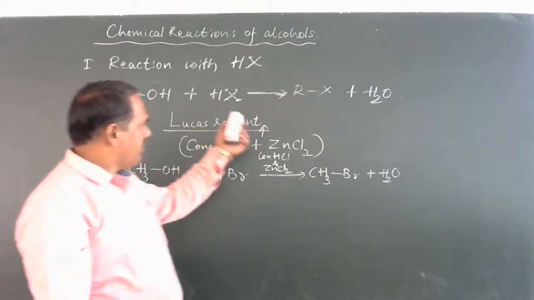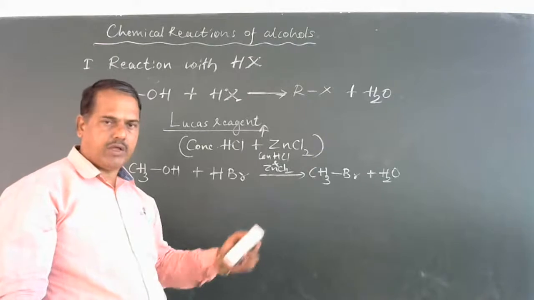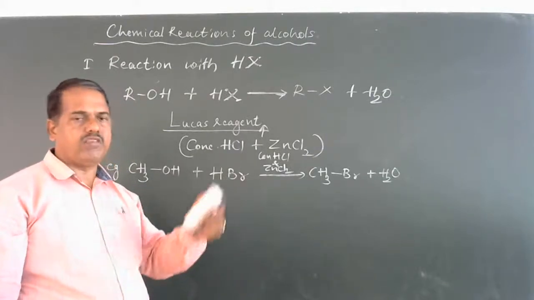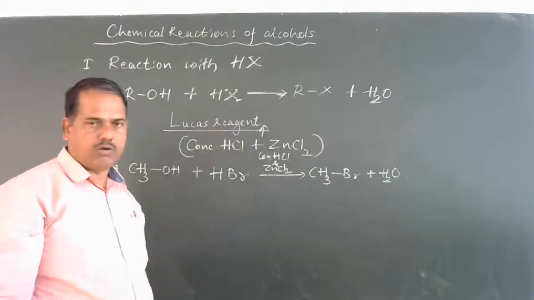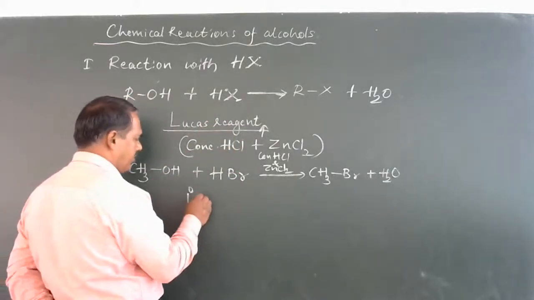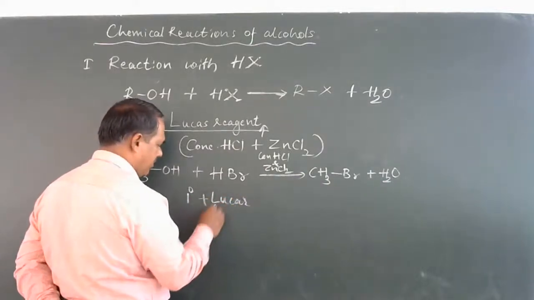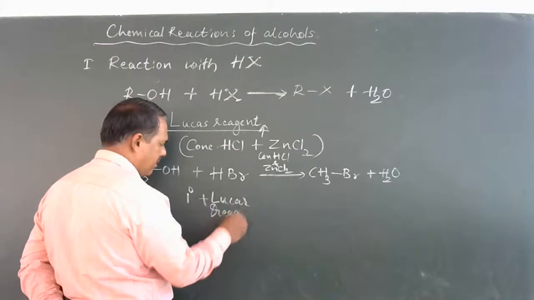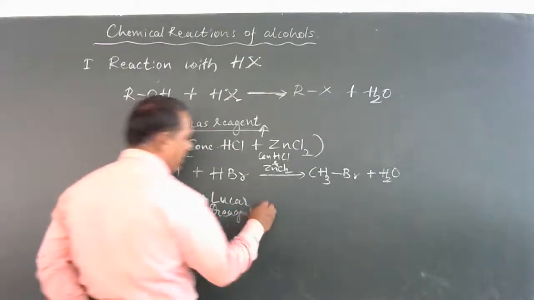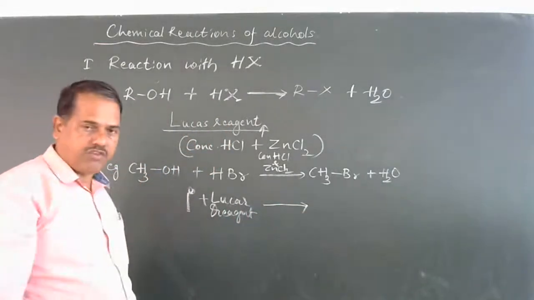See, Lucas reagent is also a test to identify whether the alcohol is a primary, secondary or tertiary alcohol. In Lucas reagent, primary alcohol does not produce turbidity at room temperature.